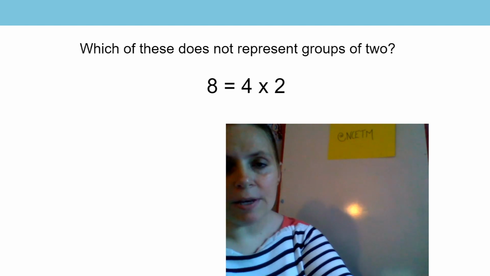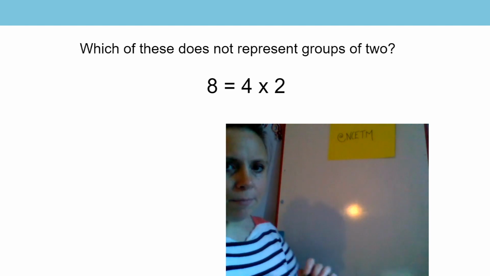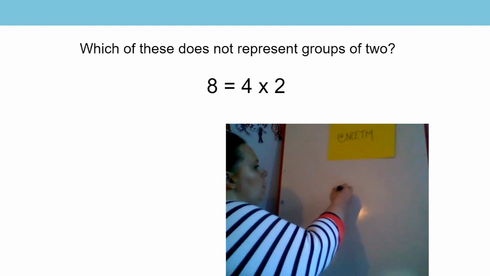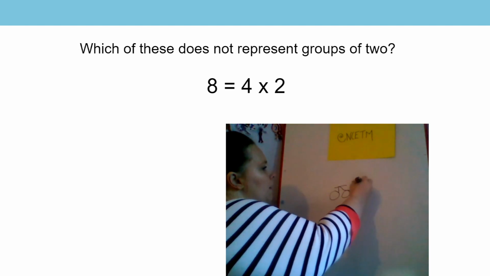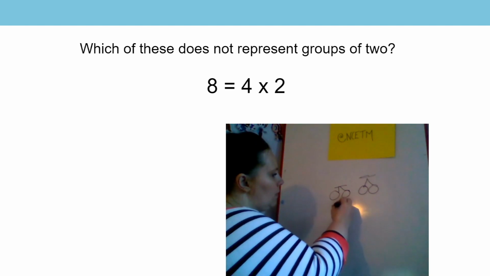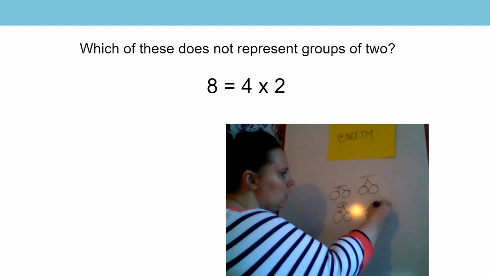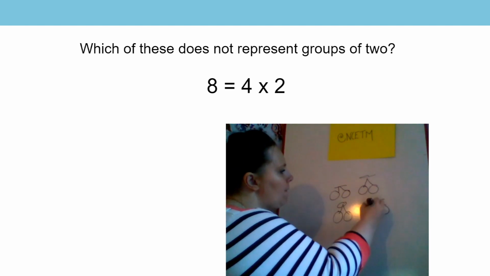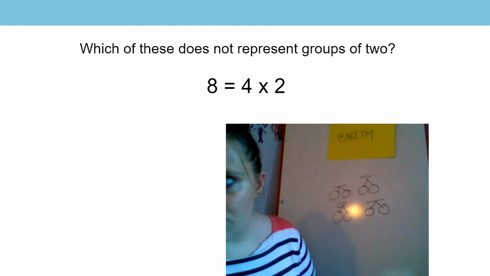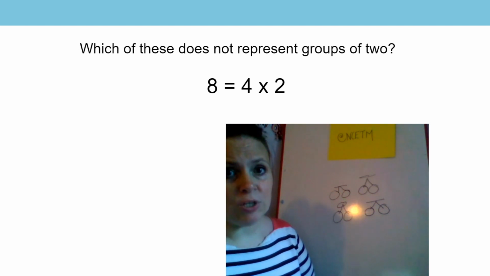It does represent a group of 2, and I have 4 of them. So this time I could draw 4 bikes. Not very good at drawing bikes. But I know they represent bikes, and it does show groups of 2.